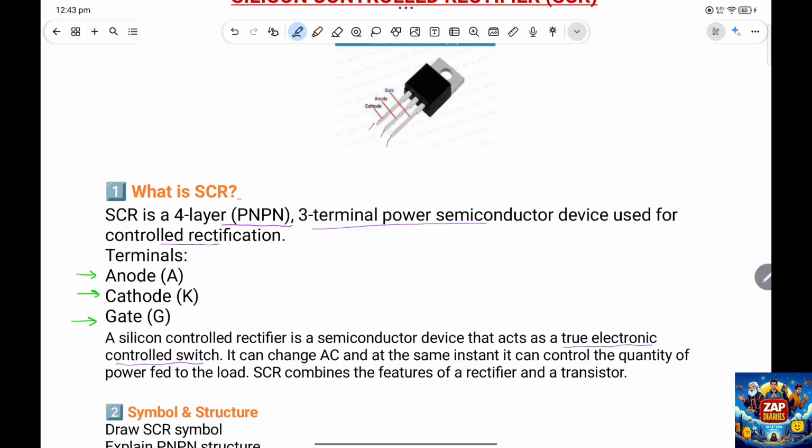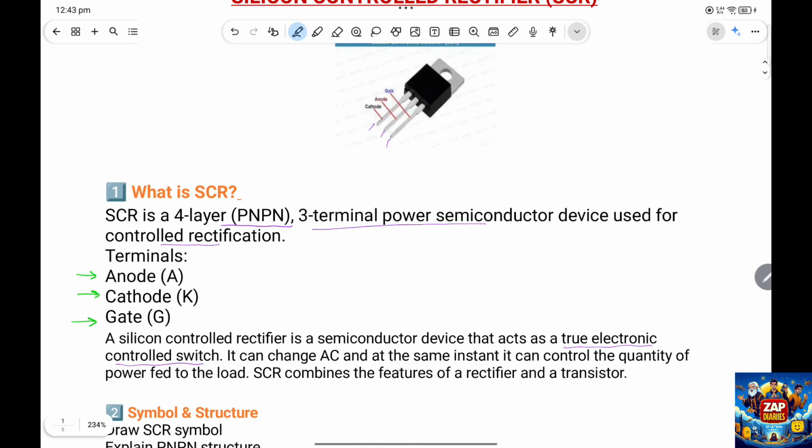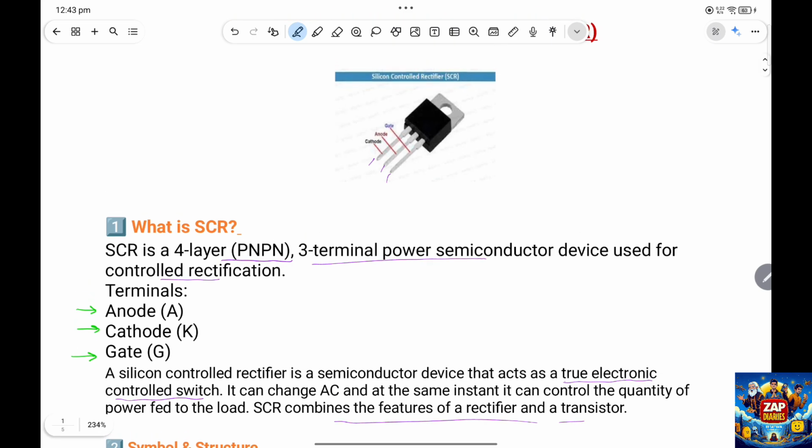So it basically acts as a switch, and an SCR combines the features of a rectifier as well as a transistor. So an SCR is not the same as a transistor, but it has features of both a rectifier and a transistor.